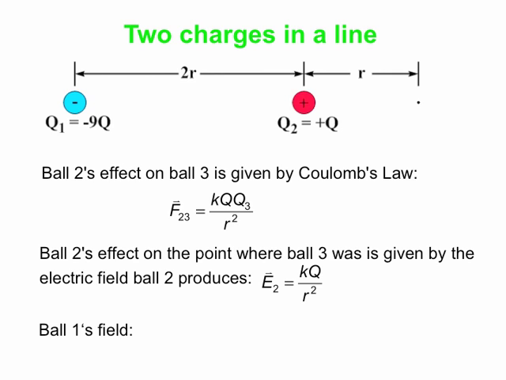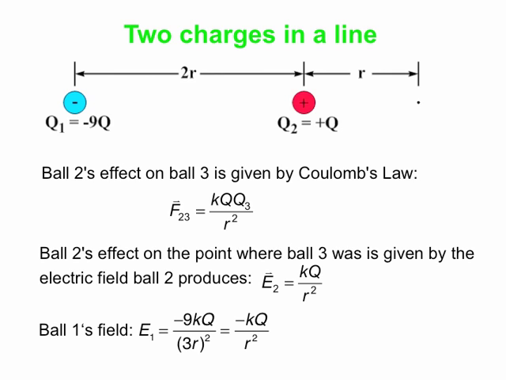And ball 1's field at the location where ball 3 used to be, we can do in a similar way. By the way, field is directed away from a positive charge and toward a negative charge. So at the location where ball 3 used to be, the field because of charge 2 will be to the right, away from that charge. And to the right, remember, we defined to be positive.